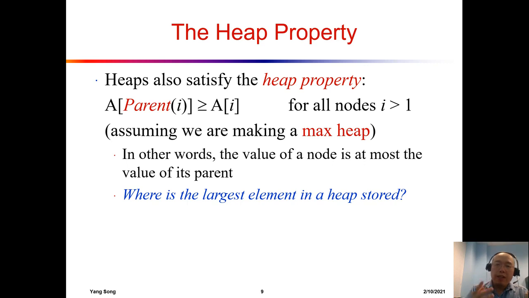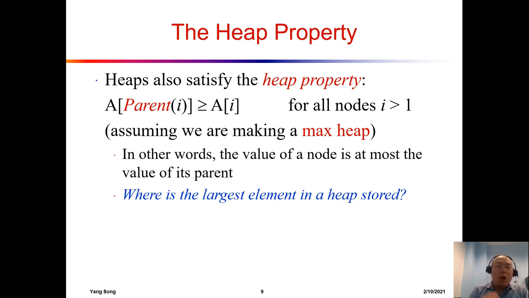In this book, we only talk about the max heap. Of course, if you enforce the opposite rule, saying the parent is always smaller than or equal to the child, then you will have a min heap. But anyhow, in this lecture, we only talk about the max heap. So if we can enforce this rule, we are doing a max heap.